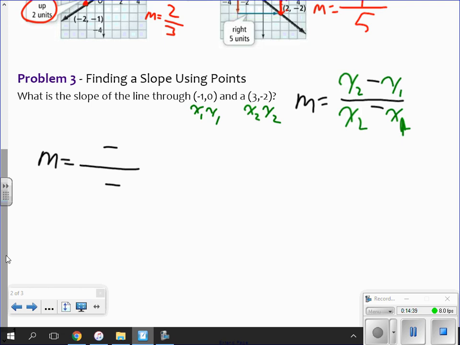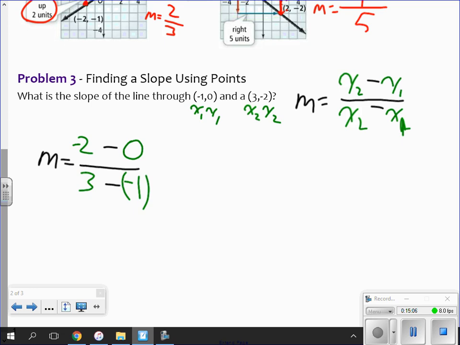So, y2, what goes here? -2. Okay, y2, so I put in -2. What goes here? 0 from the y1. What goes here? 3, the x2. What goes here? -1. If you have a negative in there like that, you might want to put it in parentheses.